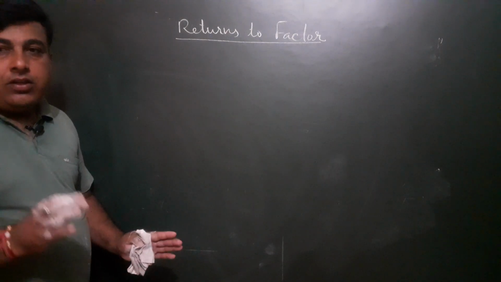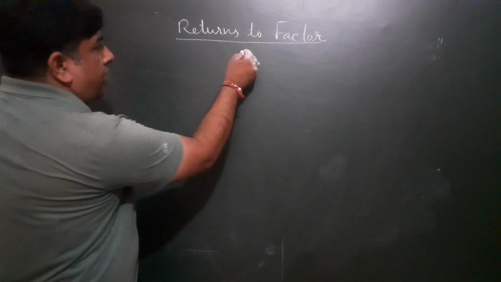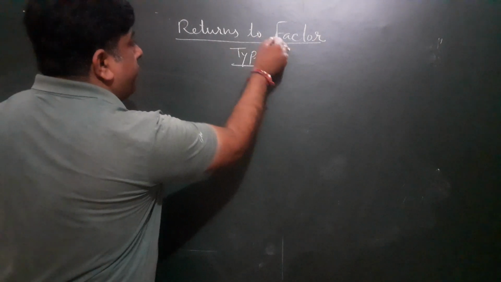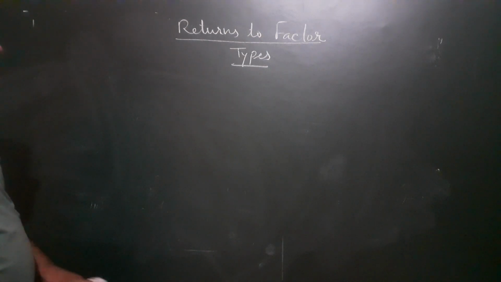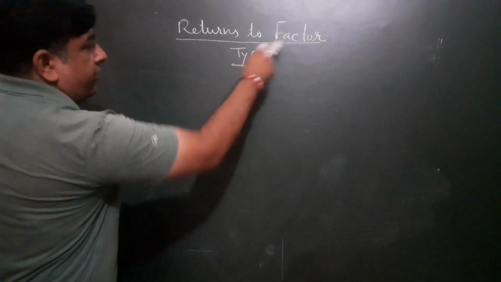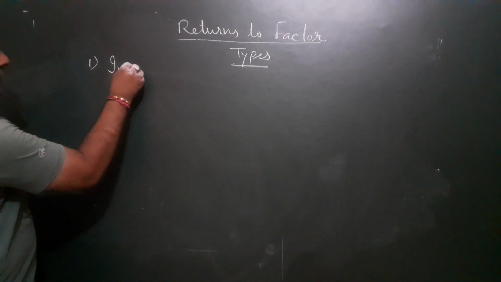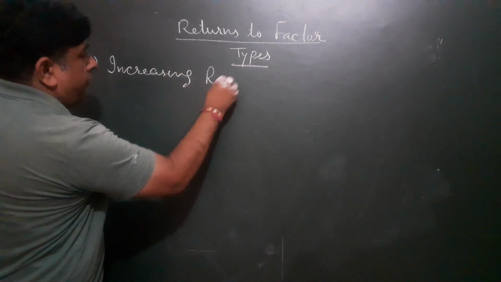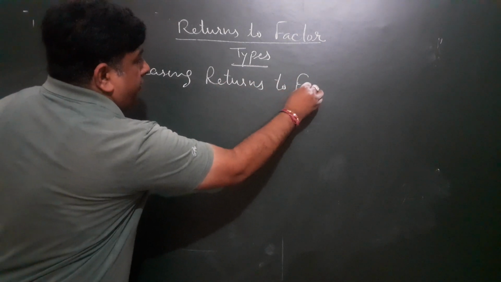Namaskar. Now in our second video we will discuss the types of returns to factor. Returns to factor is of three types. The first one is increasing returns to factor.